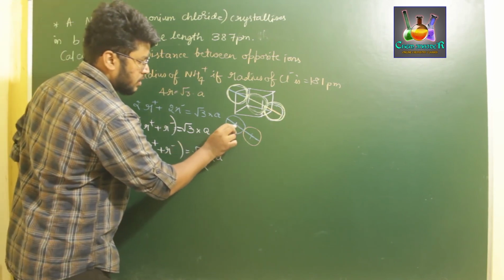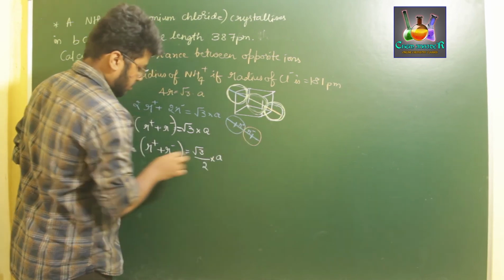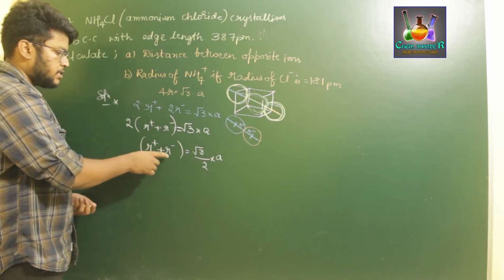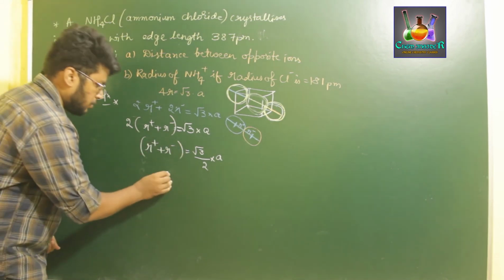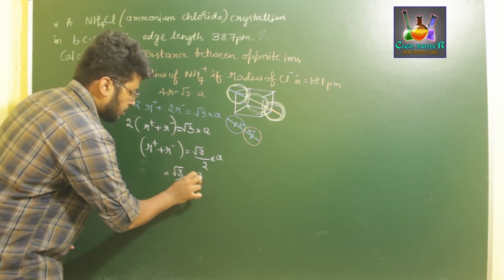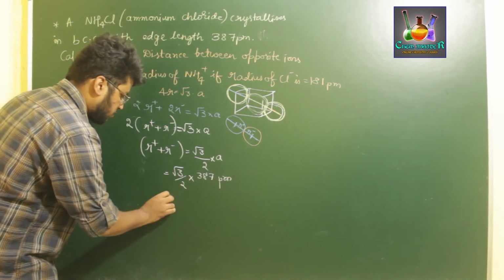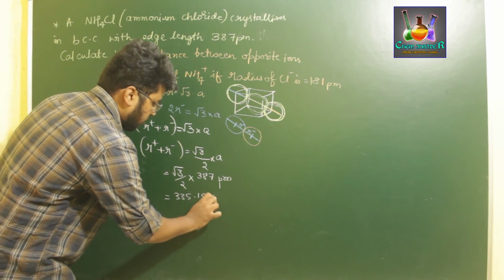So this distance between r plus and r minus is the distance between two opposite ions. So r plus plus r minus will be equal to root 3 by 2 into a. Substituting the value of a, root 3 by 2 into 387 picometer, on solving this we get 335.15 picometer.